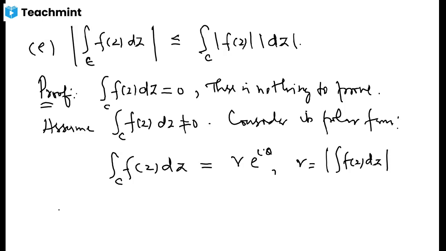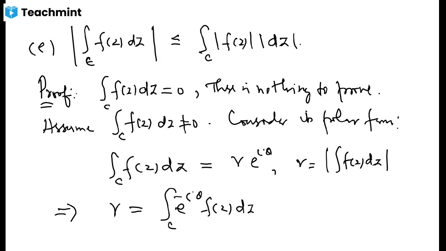What I am going to do is solve this equation for r by multiplying with e to the power minus i theta, and e to the power minus i theta, being a constant, can be taken inside the integral. So I am going to get r equals the integral over C of e to the power minus i theta f of z dz.